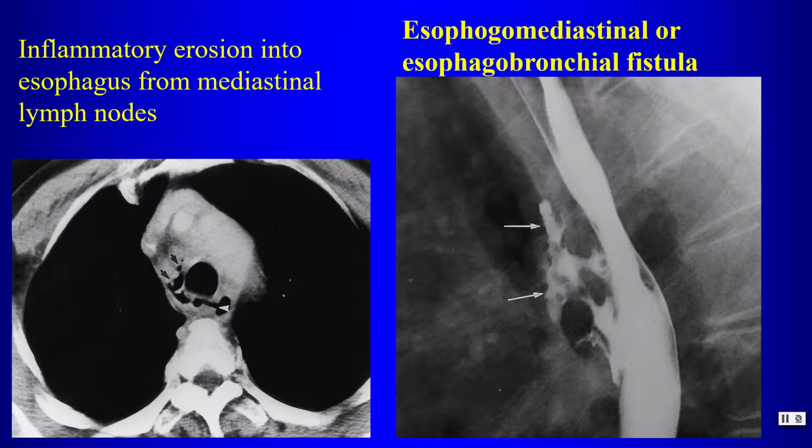So here we have an esophago-mediastinal fistula, and you can also get esophagobronchial fistula. So the lymph node itself can erode into the esophagus or into an airway. Here we see a fistula between the esophagus and the airway as a result of the inflammatory disease in the mediastinum.